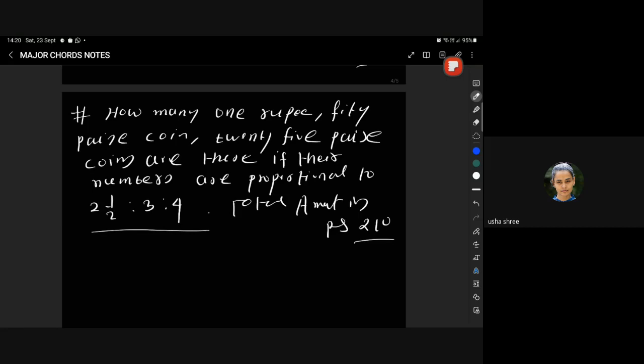If you can find the number of coins, and you add them up, it will become 210. This is what they have asked you. They have given you the ratio of the number of coins and the total amount.